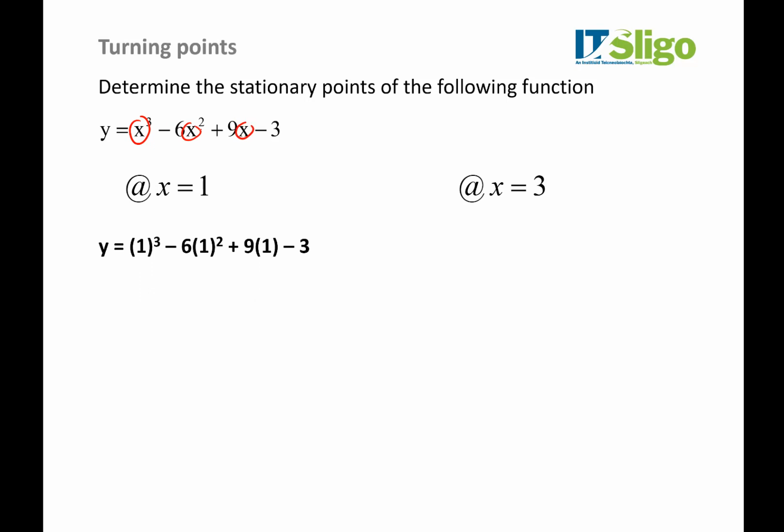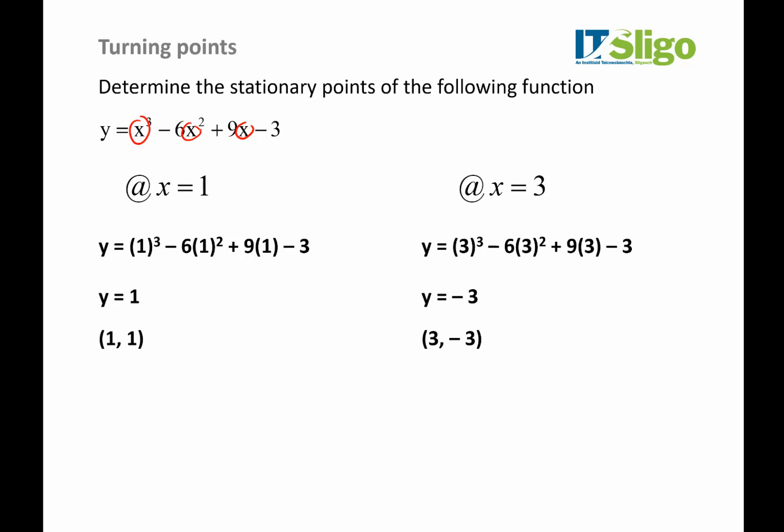Be careful with your calculators or with your brain. And we get y is equal to 1. So now our turning point is at 1, 1. We do the same now for the other value. When x is 3, feed that into the original function. We get y is minus 3. And this is our other turning point.